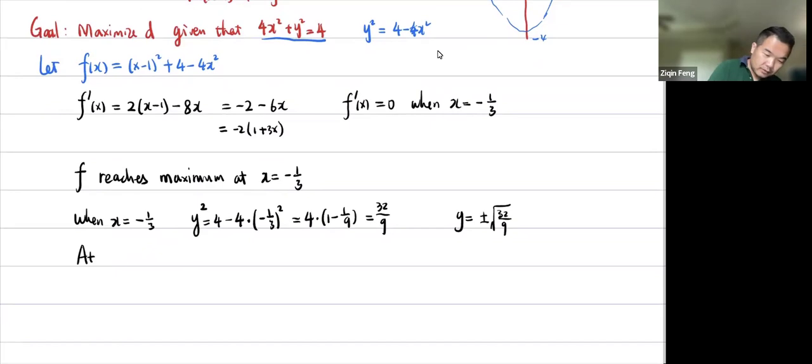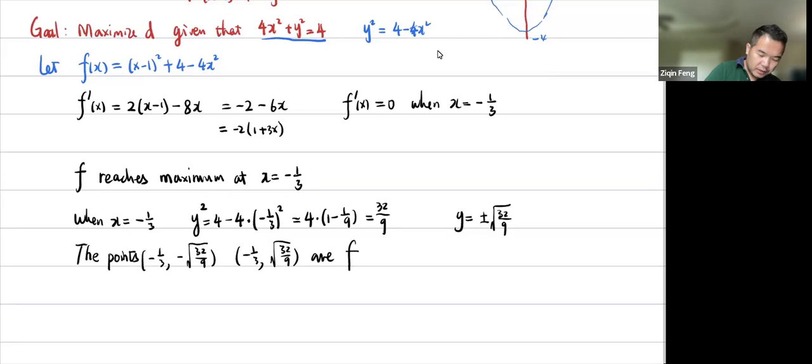Okay, the points negative 1 over 3, negative square root 32 over 9, and negative 1 over 3, square root 32 over 9 are farthest away from (1, 0). Right?